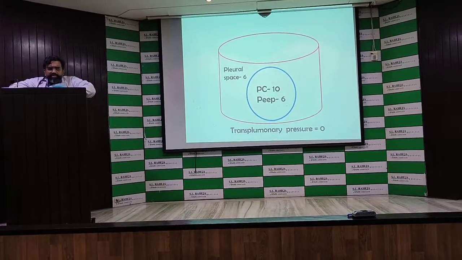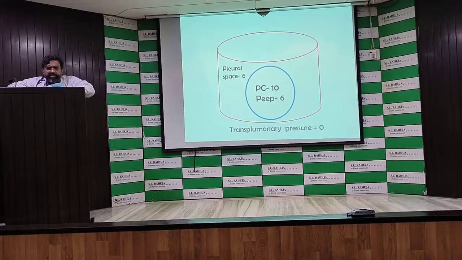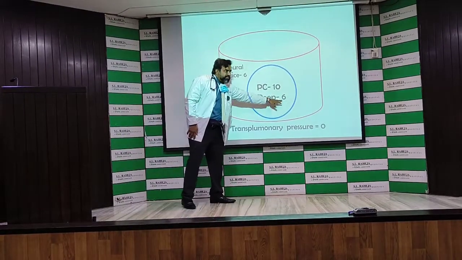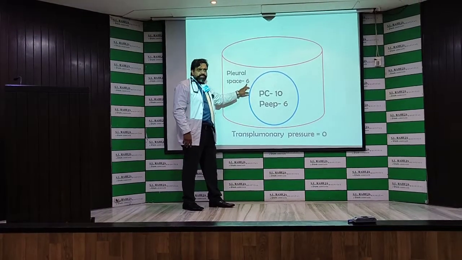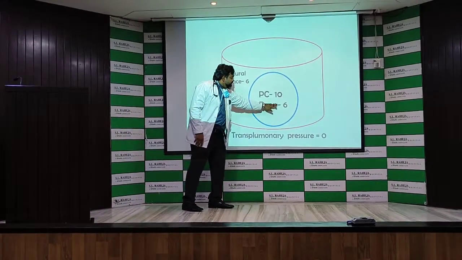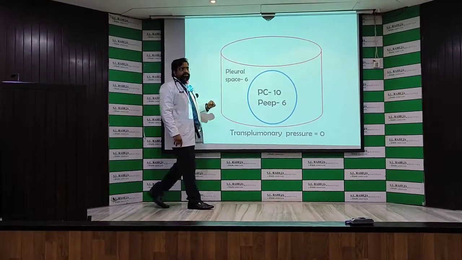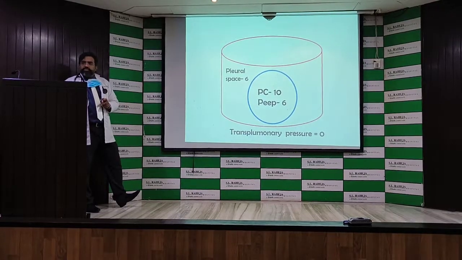So your inside pressure is how much at expiration? What is the inside pressure here? 6. At expiration, your inside pressure is 6. Your outside pressure was 6. 6 minus 6 is 0. What will happen to the alveolus? It will collapse. Clear?